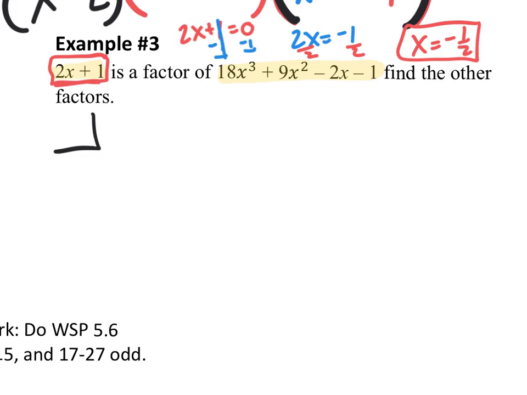Okay, so again, we know that 2x plus 1 is a factor. At the end of it all, we're going to have 2x plus 1 times something else in factored form, and if we were to split them and set this equal to 0, this would be our answer, x equals -1/2. If I were to graph this, it will cross the x-axis at -1/2.